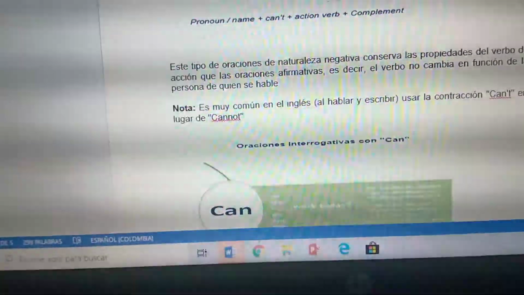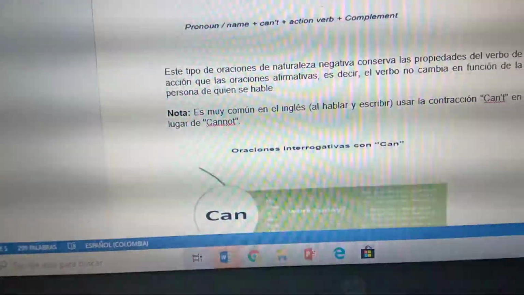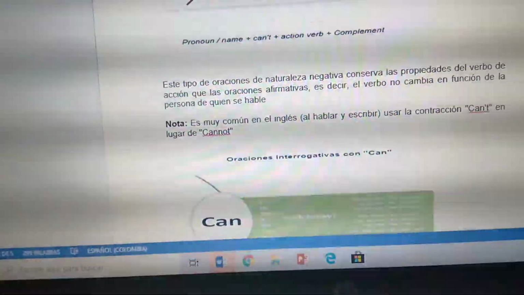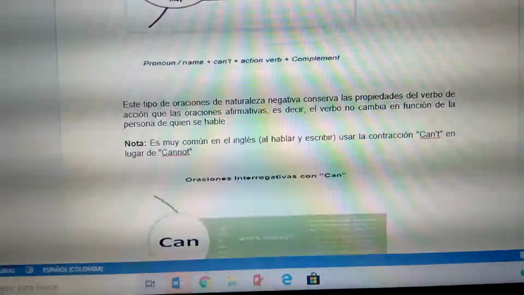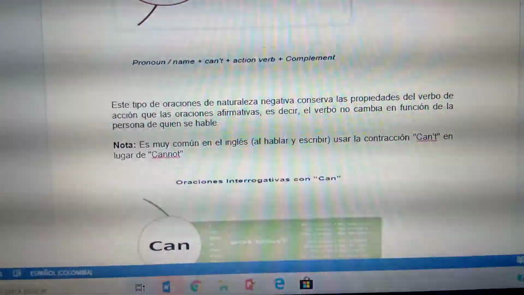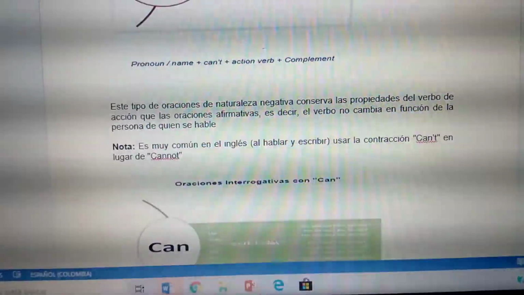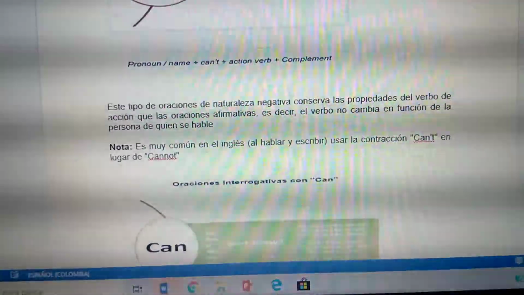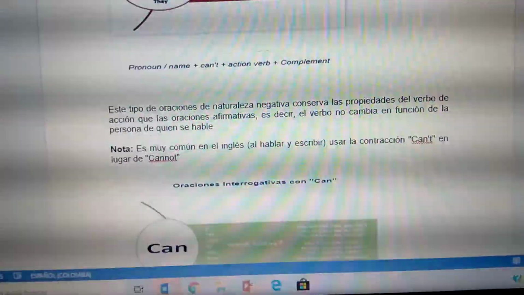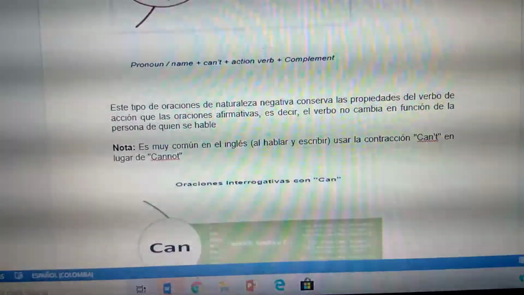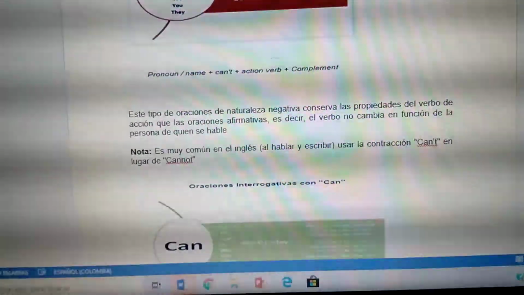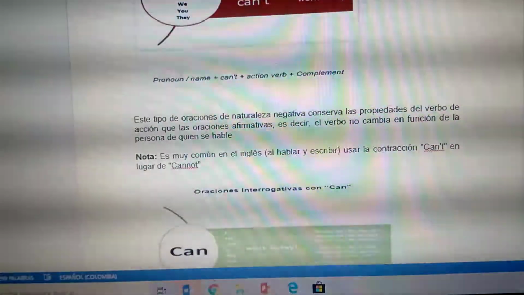That is, the verb does not change depending on the person we talk about. Note: it is very common in English, when speaking and writing, to use the contraction can't in place of cannot.